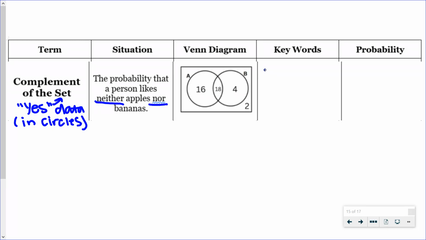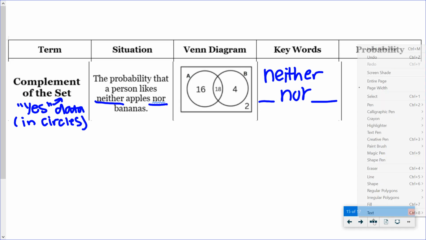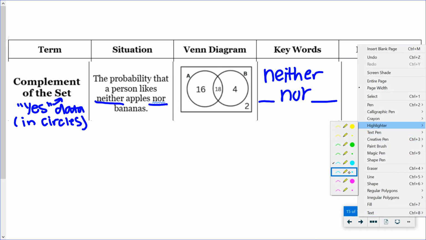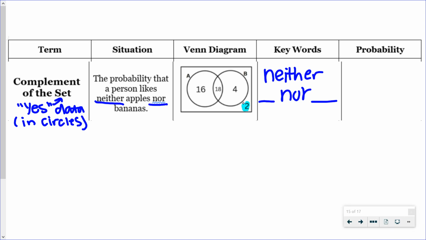So our language is neither nor. Neither this nor that. Okay? We don't want either of them. So the only thing we want is who does not like anything, and that is our one person on the outside, because we do not want to include our circles. Okay, we want the opposite of our circles.